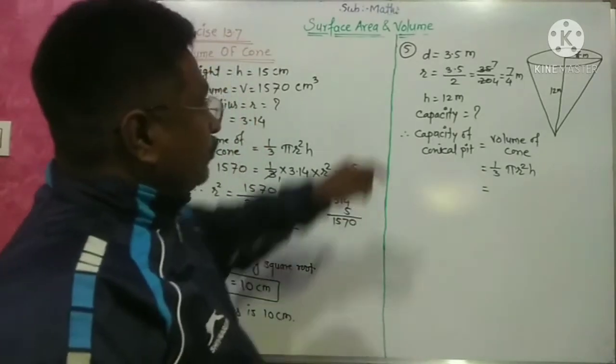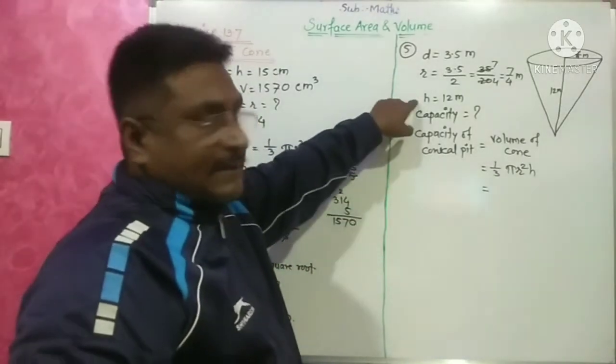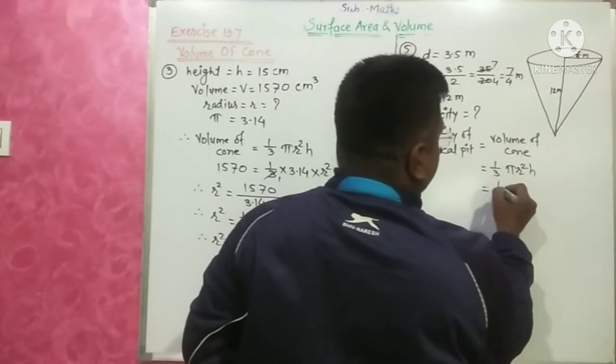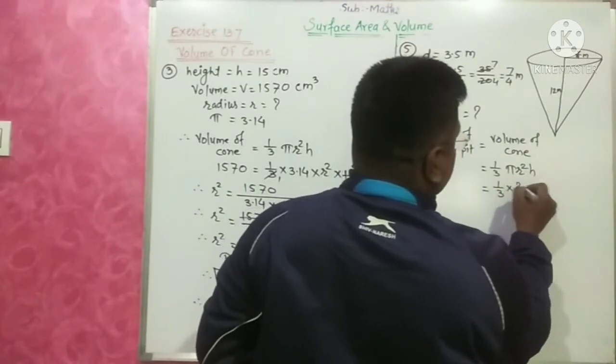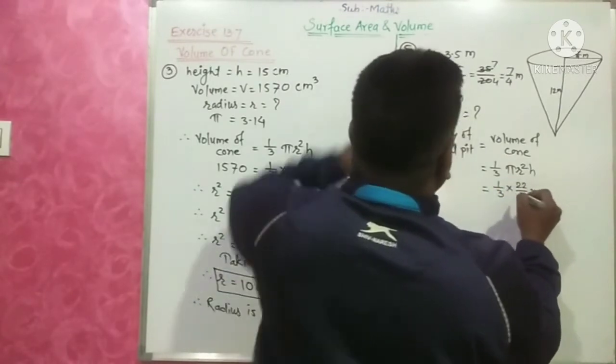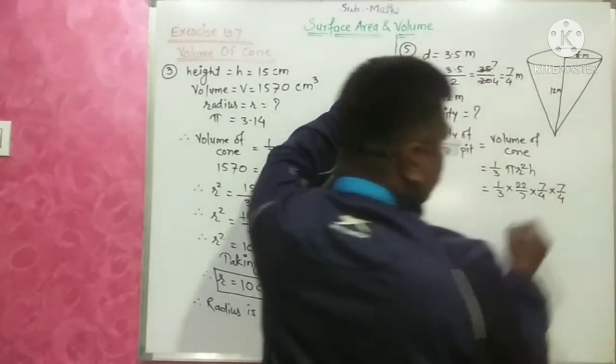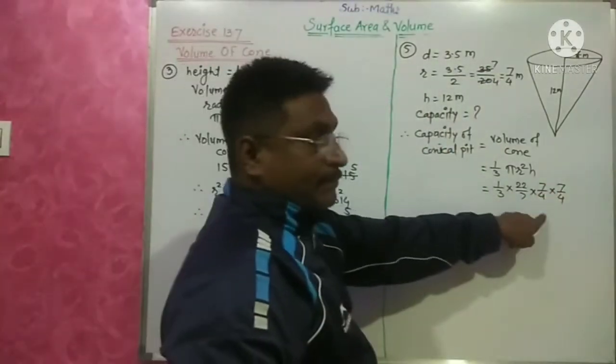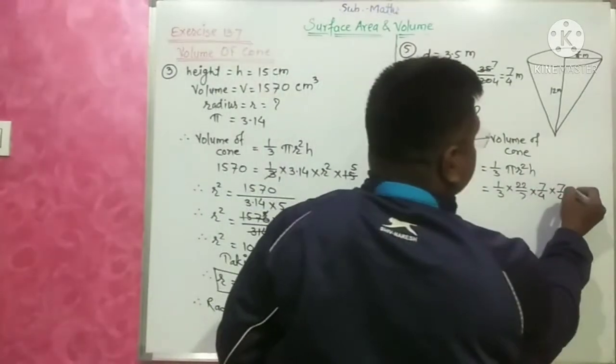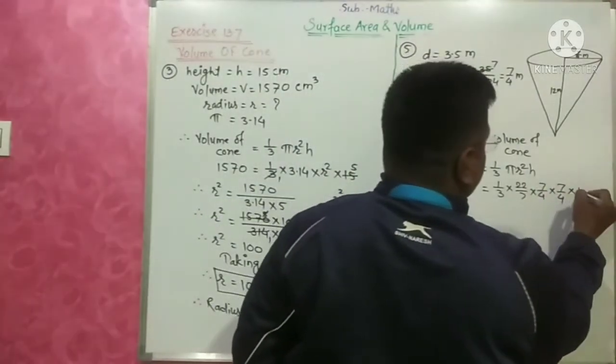So now put the value of radius and height. So 1/3 into 22 by 7. R is given as 7 by 4 into 7 by 4, R square means 2 times. And H is 12.